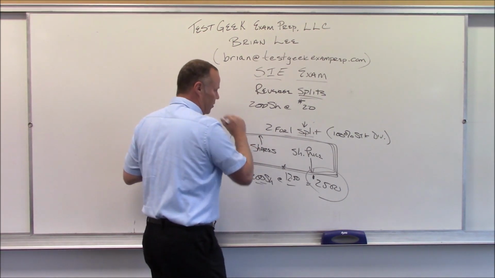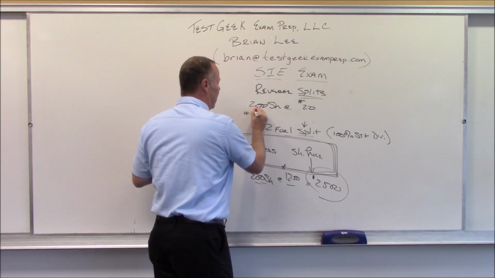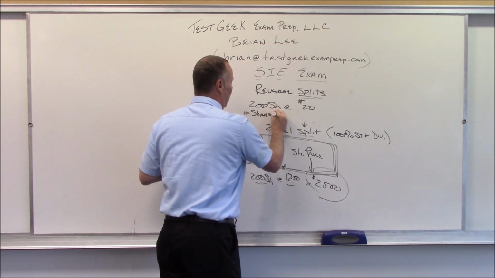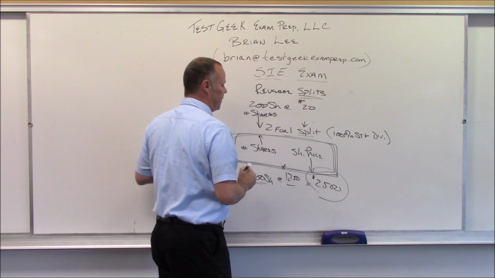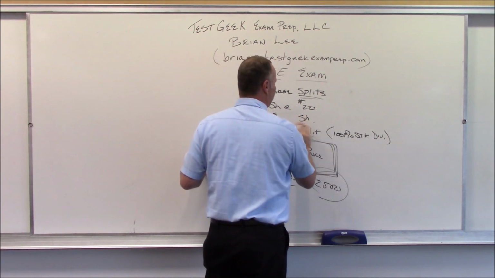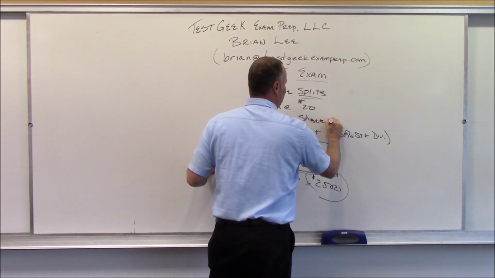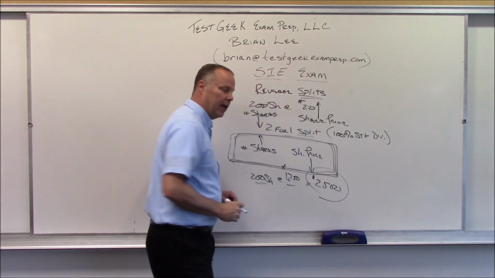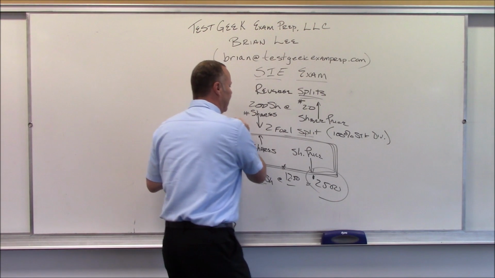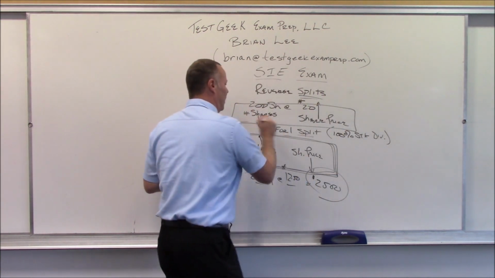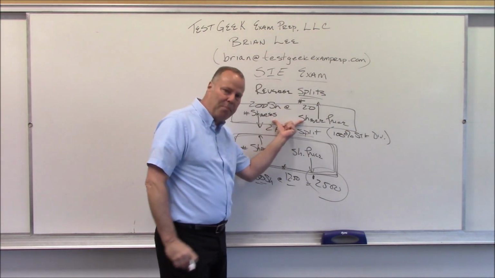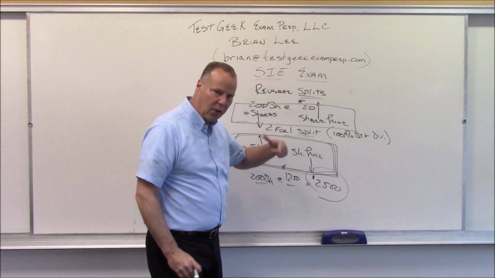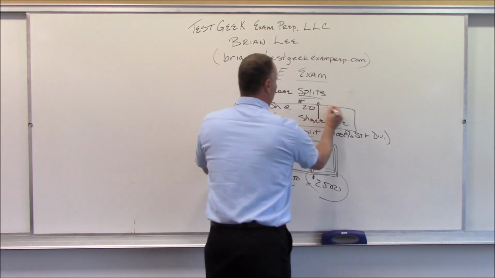So in this case, the number of shares will decrease and the share price will go up. Okay? So again, there's generally only one answer that's going to satisfy both of those requirements. Otherwise, then you're just going to have to do the math.